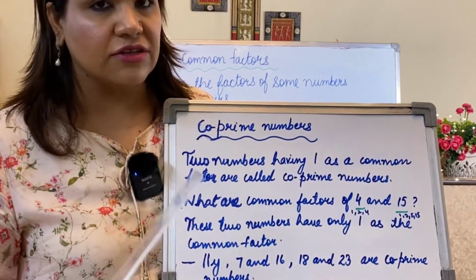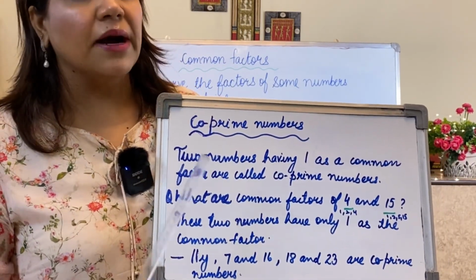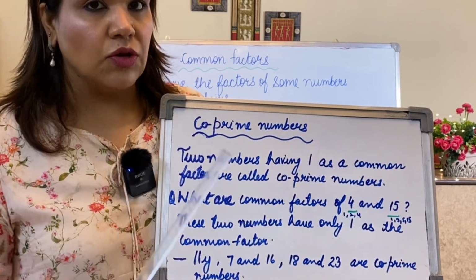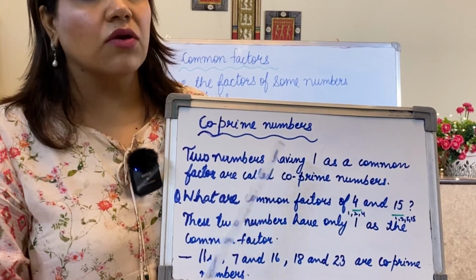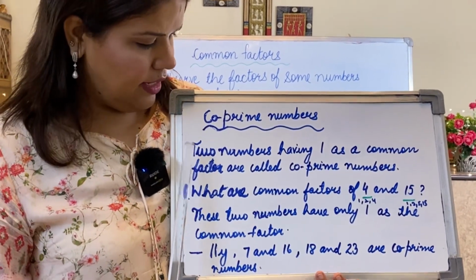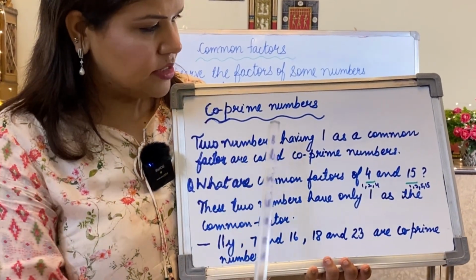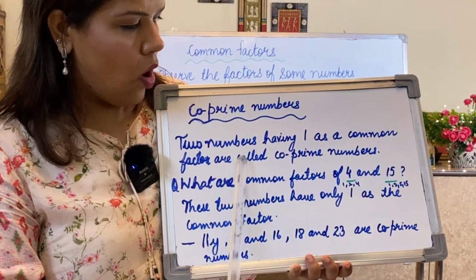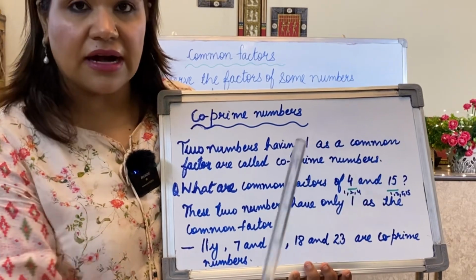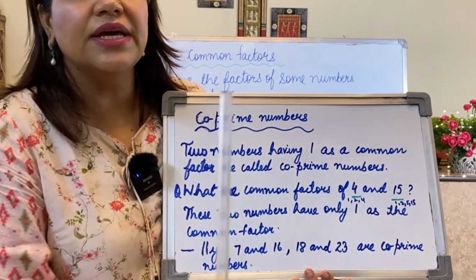They are not actually prime numbers, but because they don't have a common factor other than 1, that's why they are called co-prime. Two numbers having 1 as a common factor are called co-prime numbers. They are acting as prime numbers to each other.